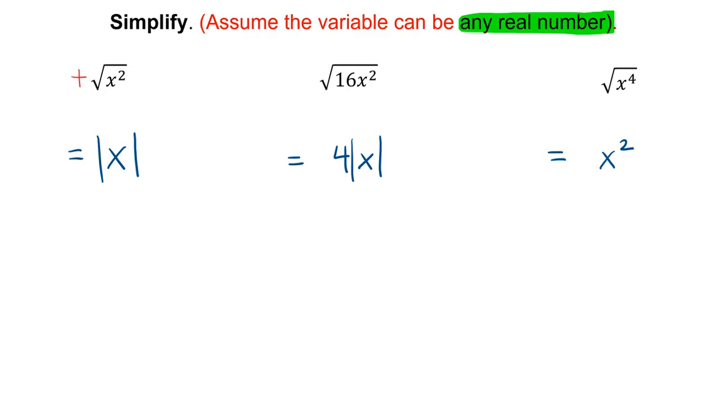So whether x is negative or positive, when we square that, we're guaranteed that this expression is a positive expression. So x squared is the positive square root or principal square root of x to the fourth. And in this case, no absolute value bars are required because x squared is guaranteed to be positive.